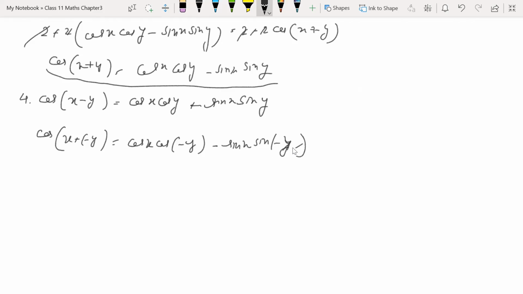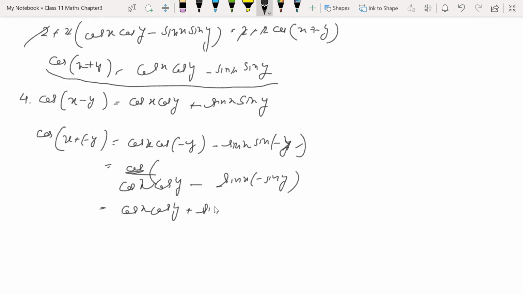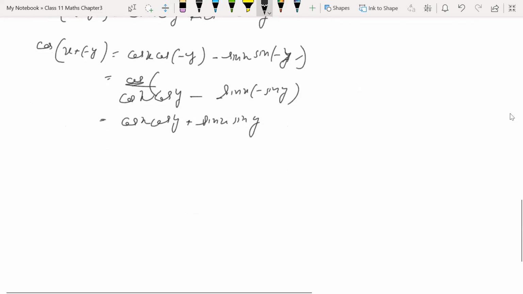Cos x cos y, since cos minus y is cos y, minus sin x times minus sin y, and minus minus becomes plus: cos x cos y plus sin x sin y. You can prove it easily, or with the above, where we took x plus y, you can take x minus y.